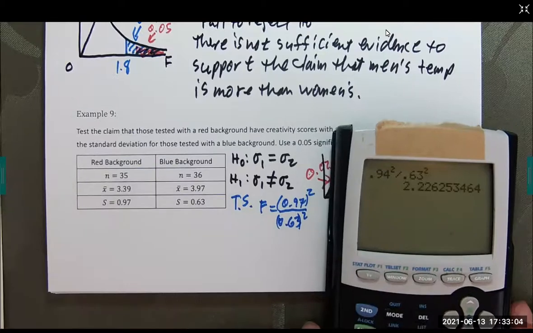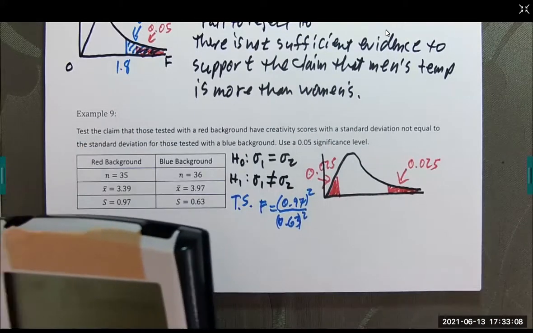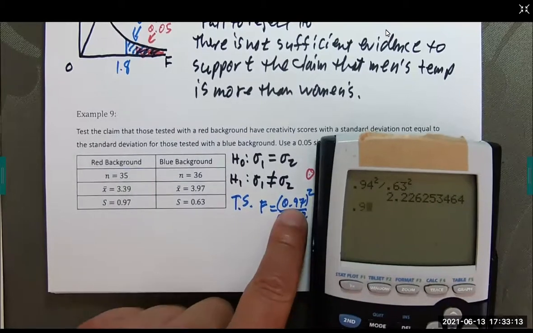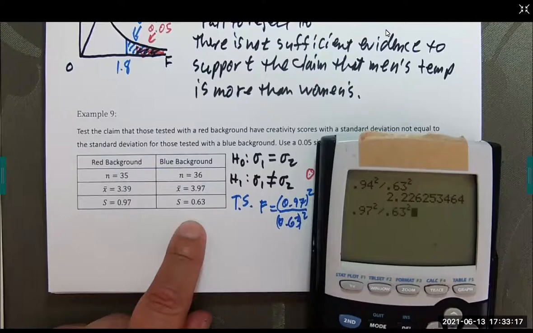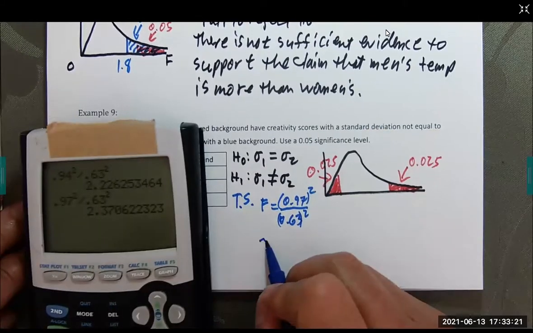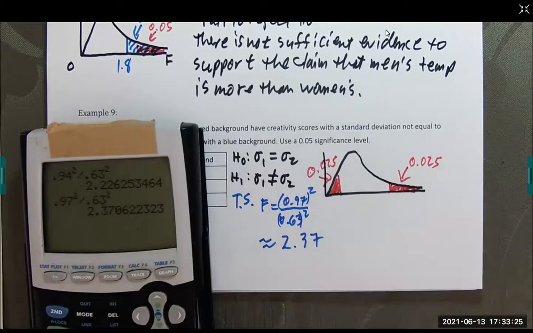There we are. I typed in the wrong number. It should be 0.97. 0.97 squared divided by 0.63 squared. There we go. All right, so this is 2.37, and again, I'll store that as A.